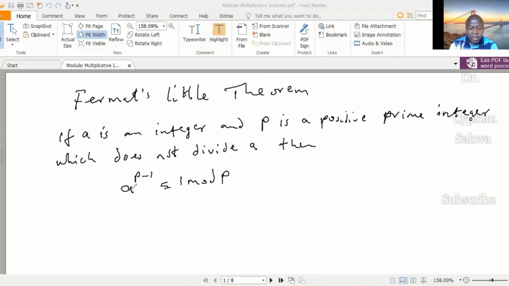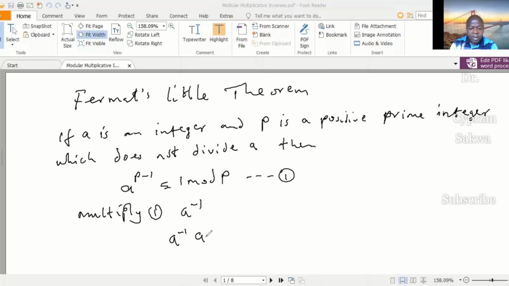Now, how do you use Fermat's theorem to find the inverse of A? I want to call this equation 1 and multiply equation 1 by the inverse of A on both sides.